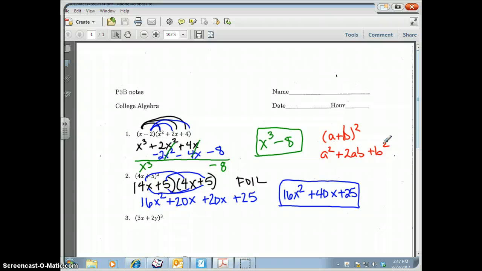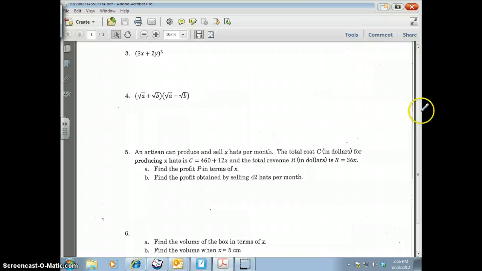Number 3, we are cubing this binomial, and so you may want to choose to write that out 3 times. Okay, for number 3, we're going to write this 3 times: 3x plus 2y.